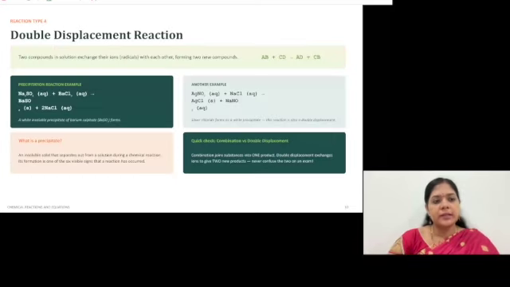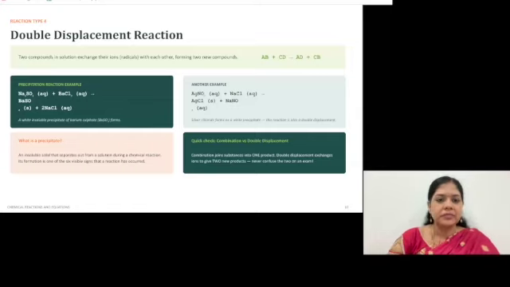So next topic is double displacement reaction. Double displacement reaction is nothing but when two compounds swap ions with each other, giving two brand new products, then it is called as a double displacement reaction. So look at the reaction in the short form. AB plus CD gives rise to AD and CB.